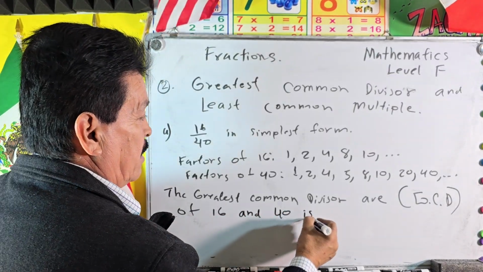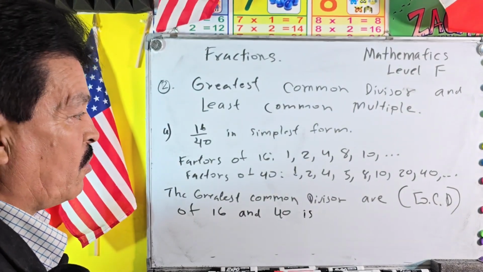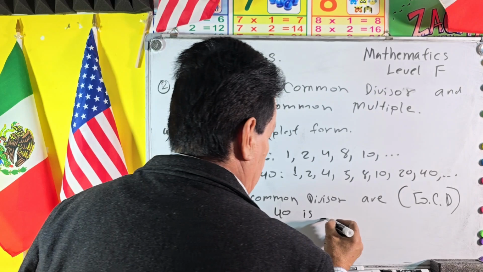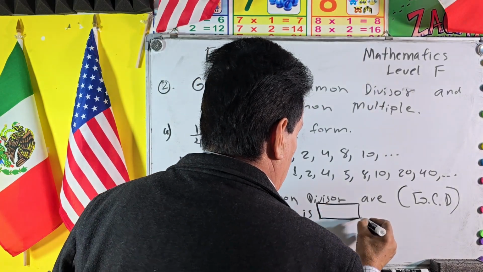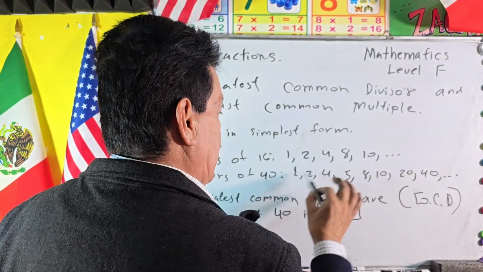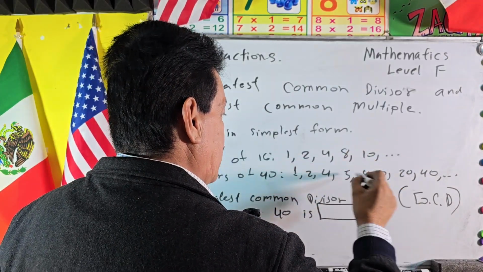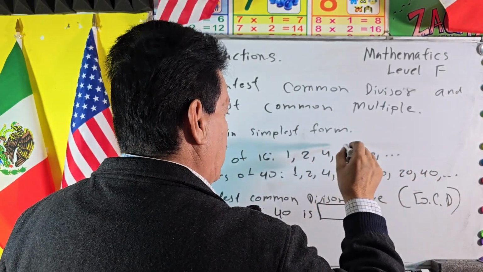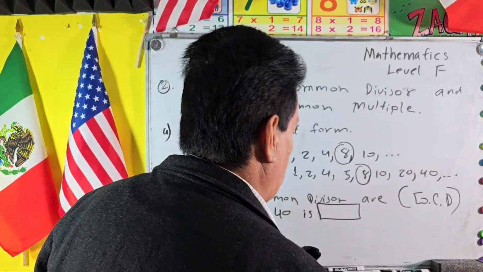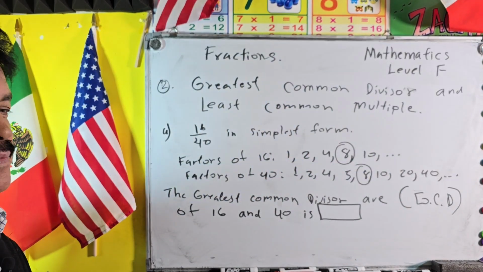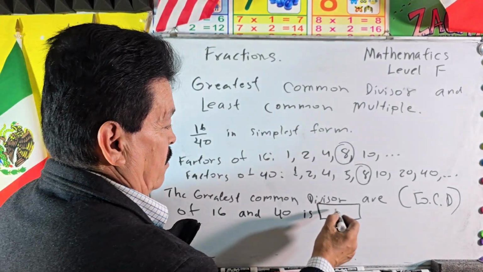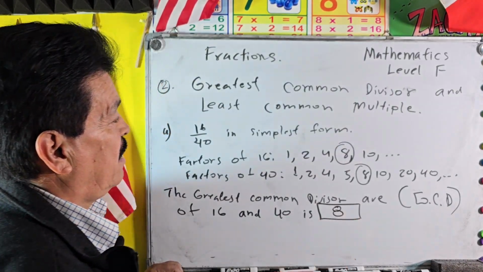Which number is the greatest common one? We have the factors right here. Check what is the greatest. The greatest common one we have is 8. You see, it is 8.